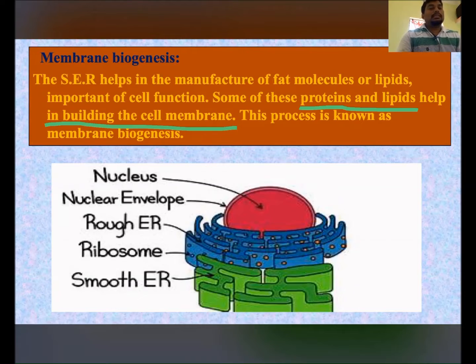We have already discussed cell membranes are made up of phospholipid and protein. So these lipid and the protein are the building block of the cell membrane, and this process of formation of cell membrane by the help of smooth endoplasmic reticulum is called membrane biogenesis.